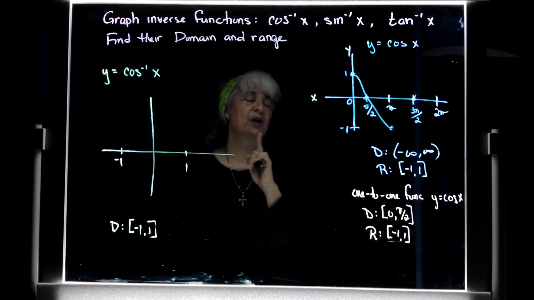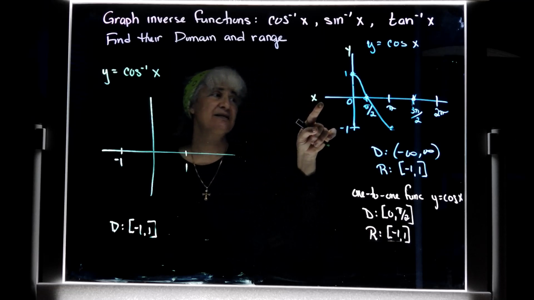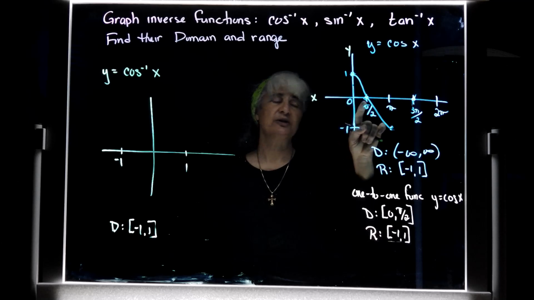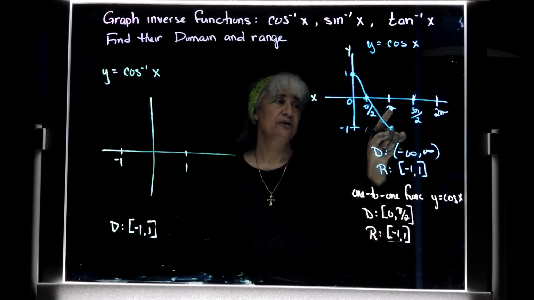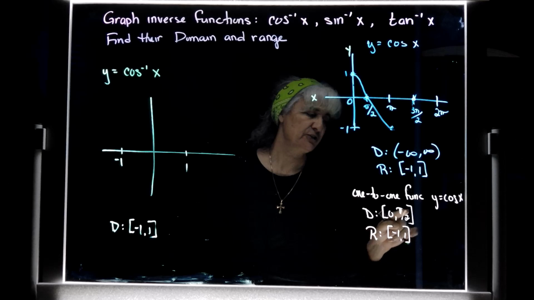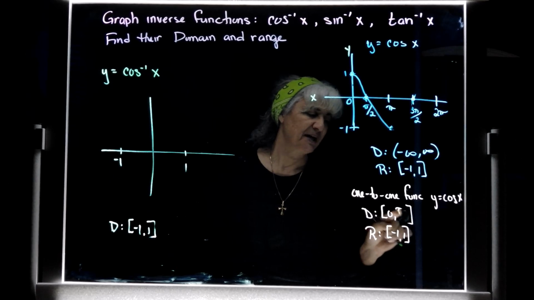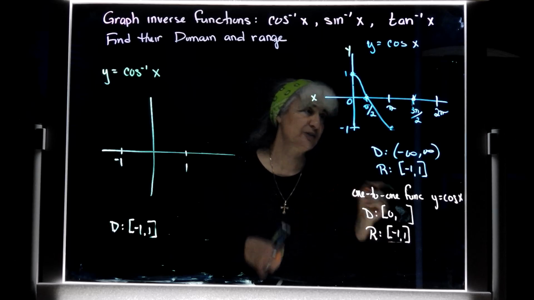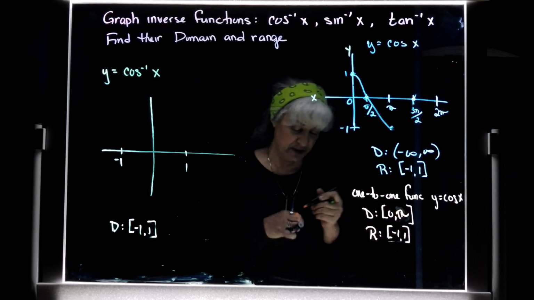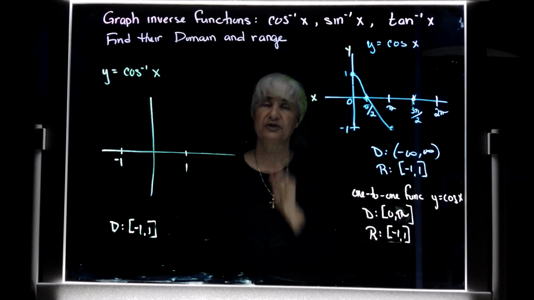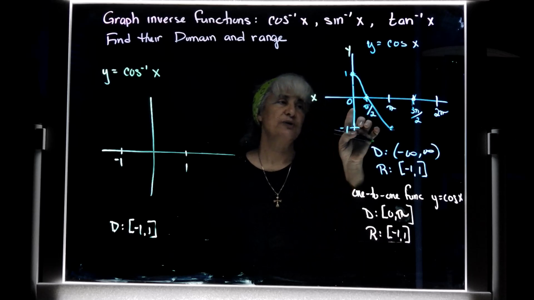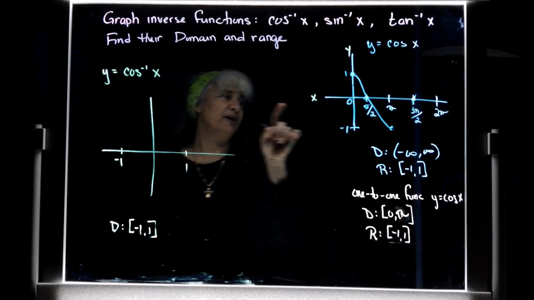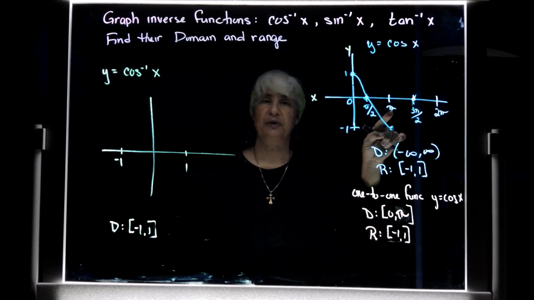And my x's become my y's. So my x's are basically going from 0 to pi, excuse me, not pi over 2, pi. I know some of you were saying pi and I just didn't hear you well enough. Sorry about that. So it's going first and second quadrant. So now my x's become my y values. So my y values are basically going from 0 to pi.